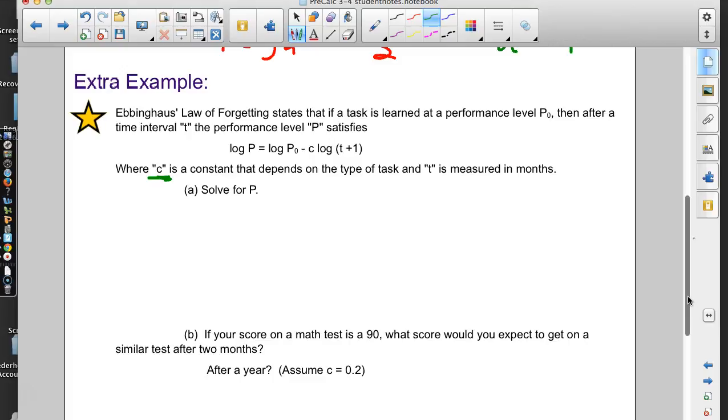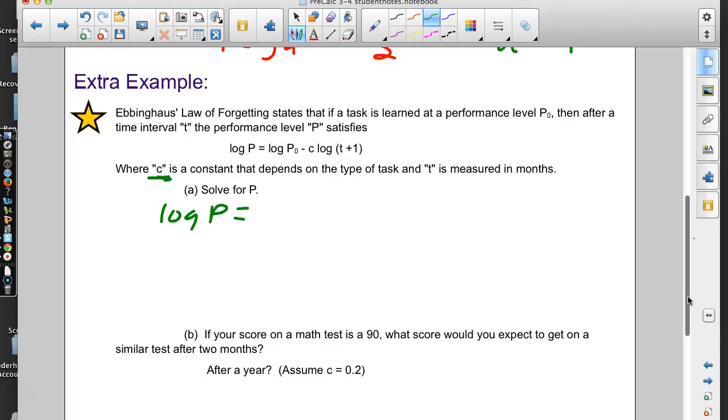But we want to know, how long does it take before you start forgetting stuff? Or 3 months later, how much are you going to remember? So what they want us to do is solve this big mess for P. So I start thinking, well, that means we've got to condense it, because this needs to be 1 logarithm equals 1 logarithm here. So let's see. This C came from up here.